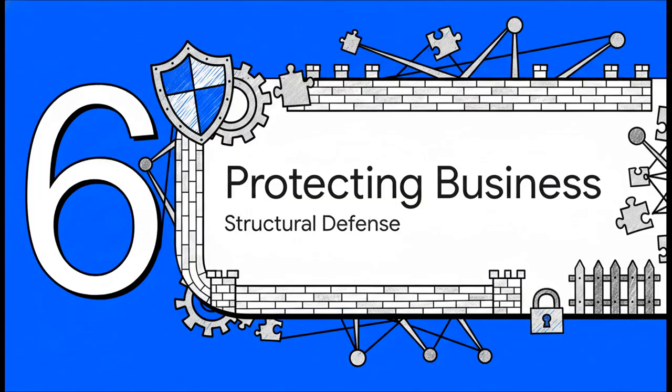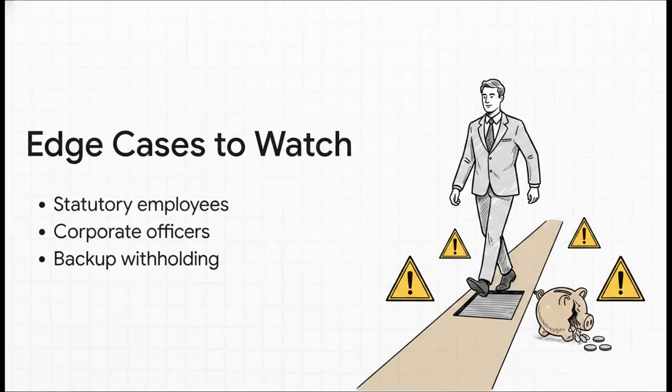Section 6. Protecting your small business. Let's talk about proactive structural defense. First, you need to watch out for dangerous edge cases codified in the tax law. For instance, certain workers, like full-time life insurance salespeople, are actually considered statutory employees under IRC Section 3121(d)(3). And here's a massive pitfall to look out for: corporate officers.